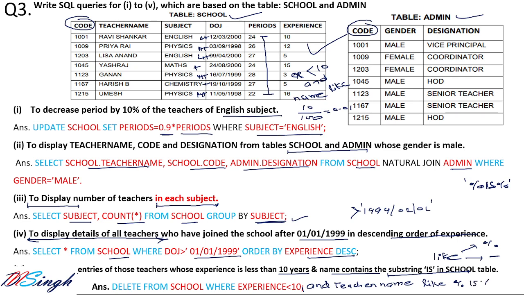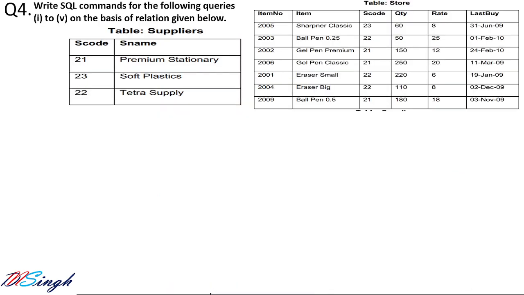Percentage is percentage. This pattern matching string will give all the names which have is somewhere in them. So this substring will be found, and experience is less than 10 years. Such entries must be deleted by that query.